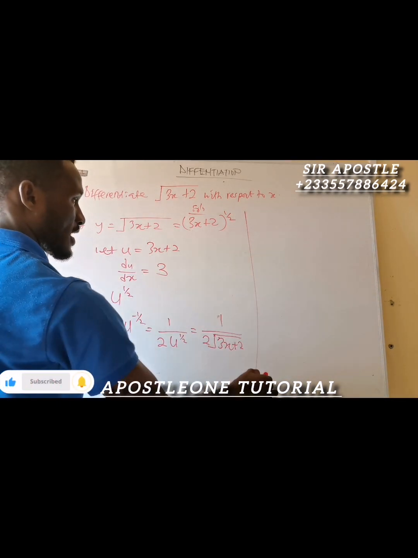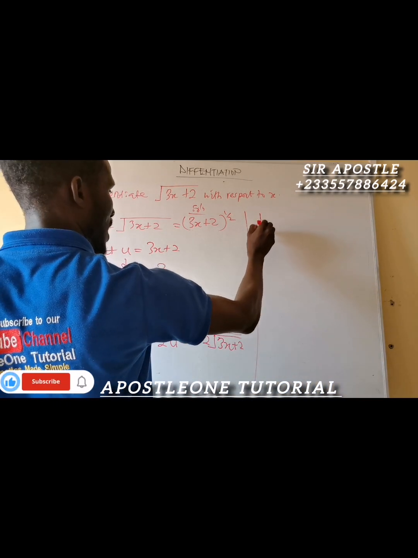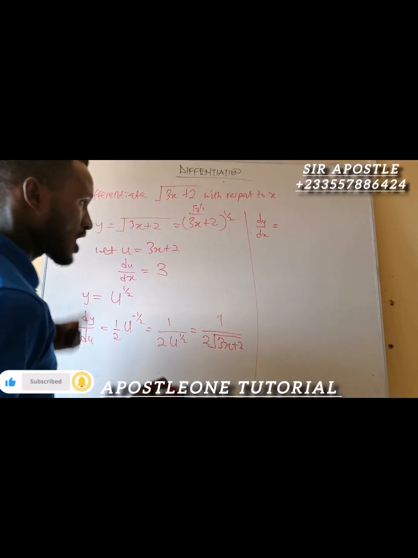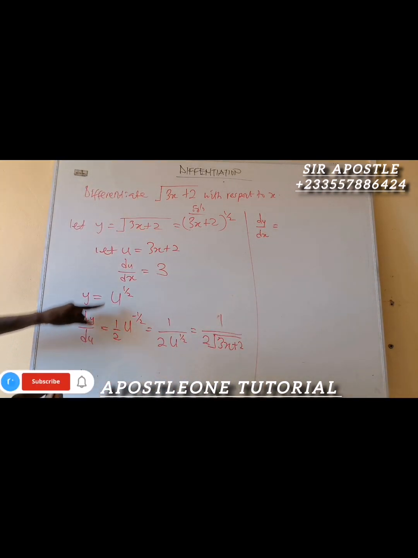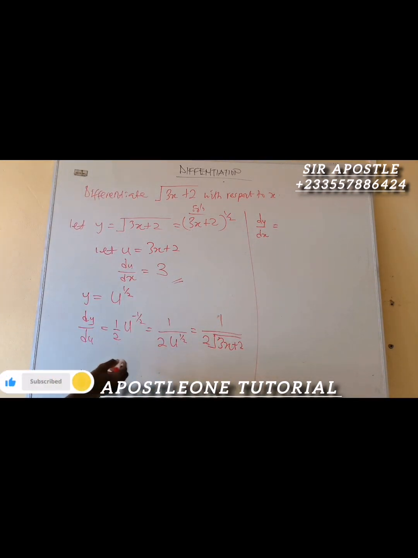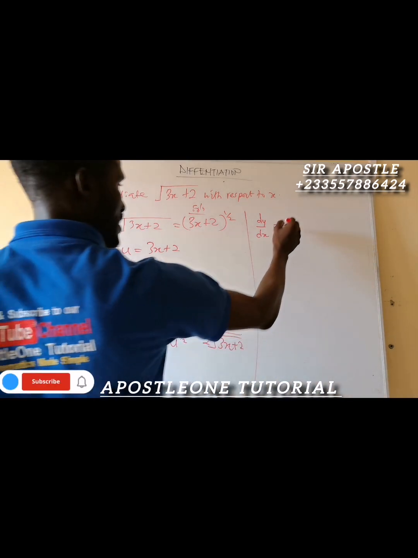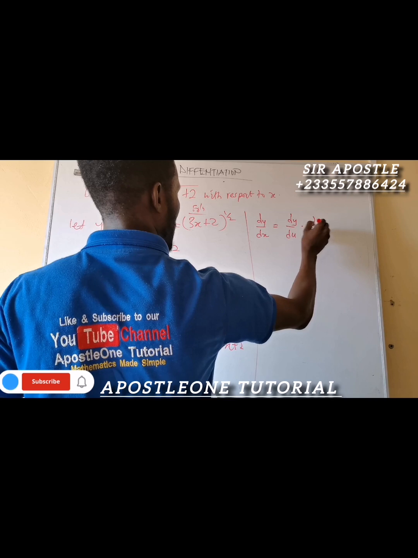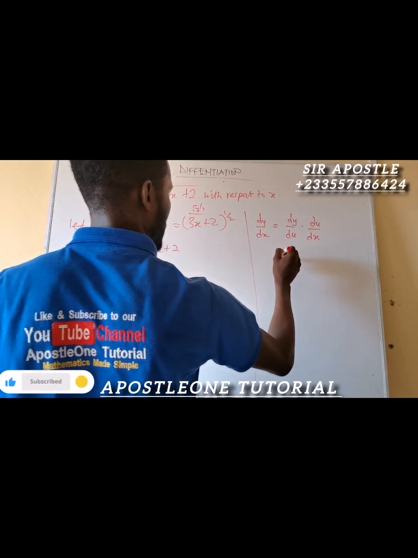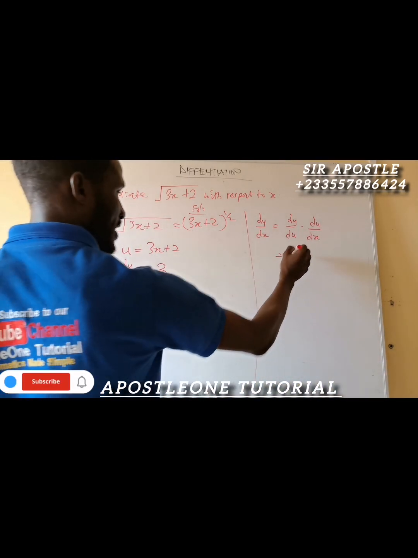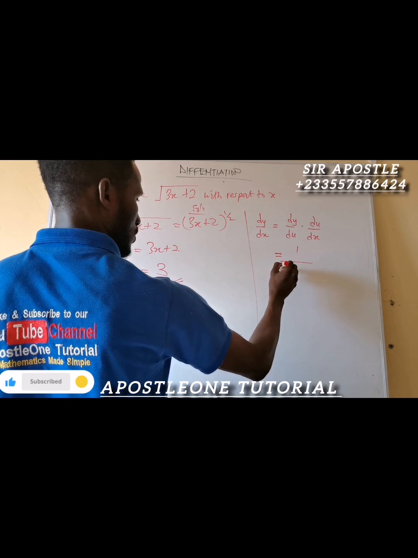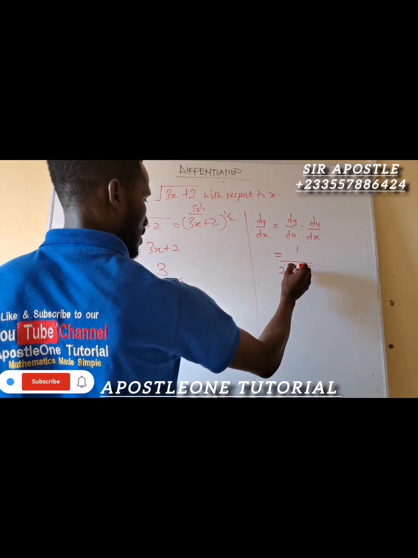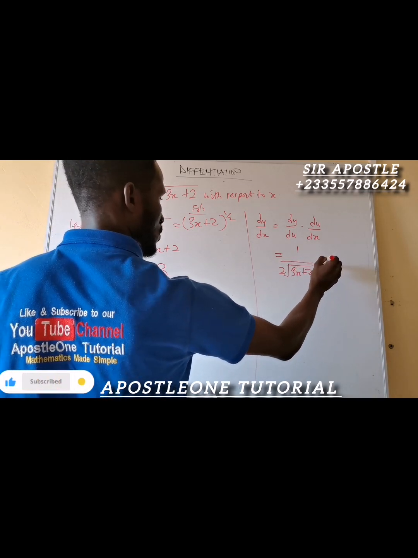Now, what we are looking for is dy over dx. You multiply this and then this, which is the same as dy over du multiplying du over dx. Now, dy over du is this one, that is 1 over 2 root of 3x plus 2.